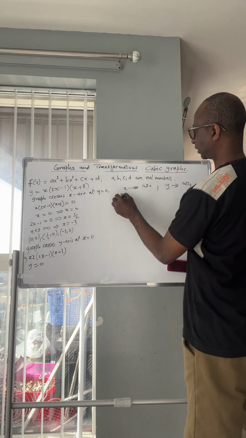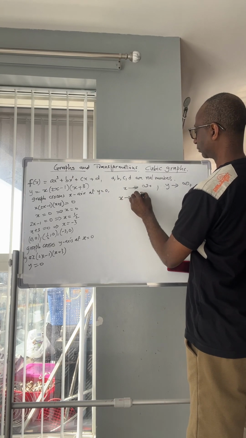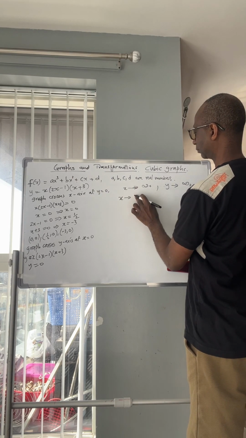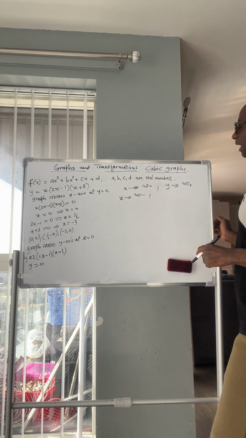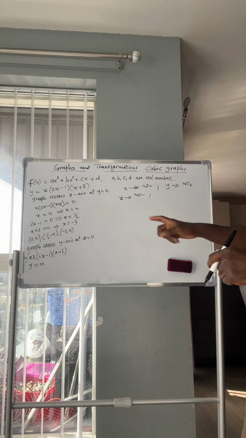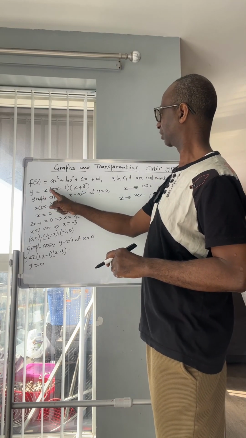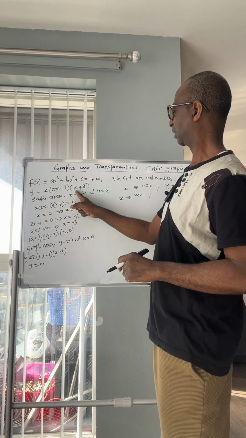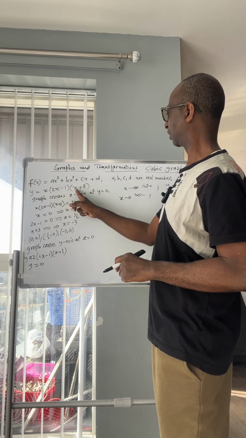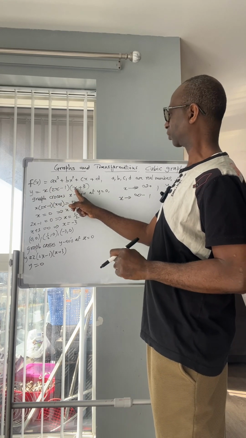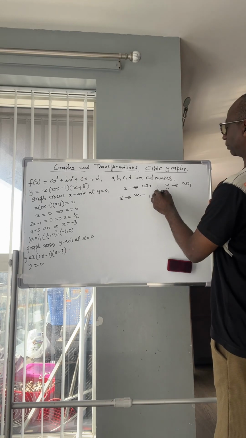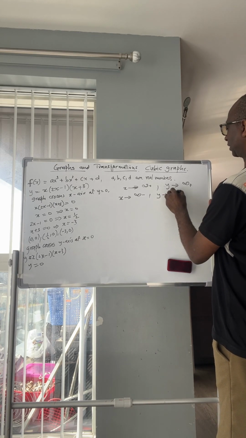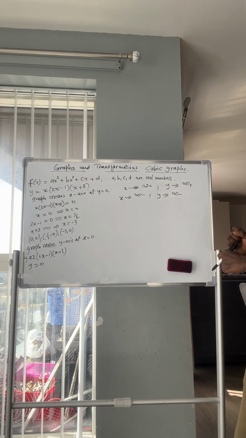If x approaches minus infinity, becoming smaller and smaller, multiplying really small numbers, y will also become very small. Y will approach minus infinity as well. So this information is enough to sketch the graph.